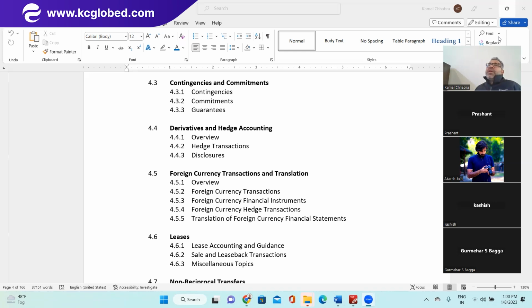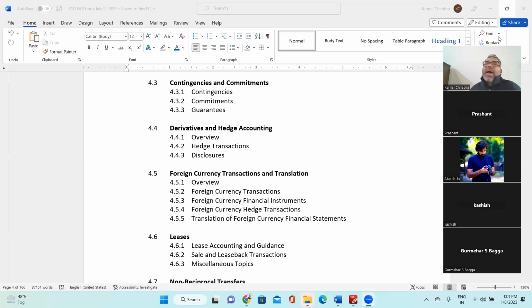For example, you are a US citizen and you have a company in US. Let's say you are Jeff Bezos, right? Owning which company? Amazon, right? Am I right? Yes, sir. So now Amazon has their operation in India also. That is called Amazon India Limited. Now Amazon US needs to make a consolidated financial statement in US dollar.